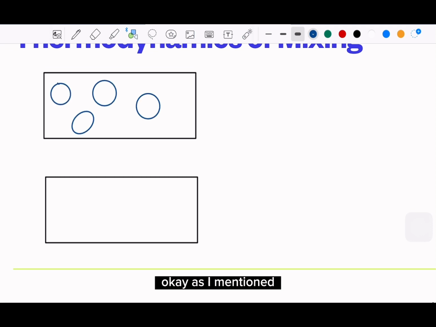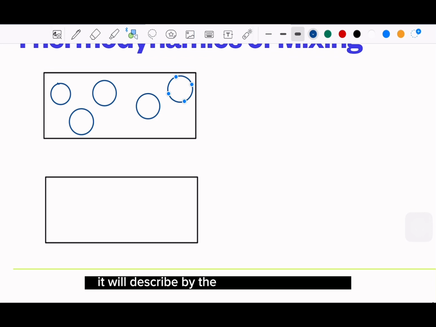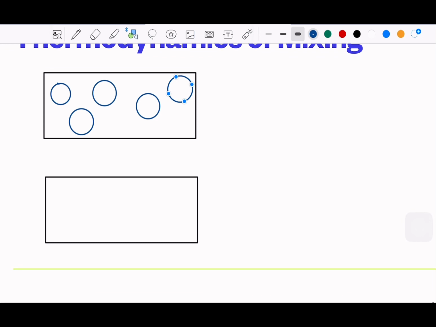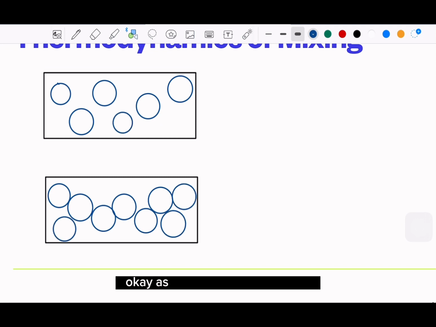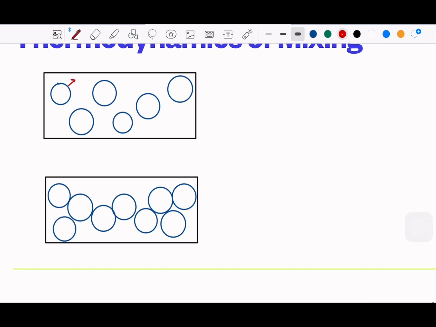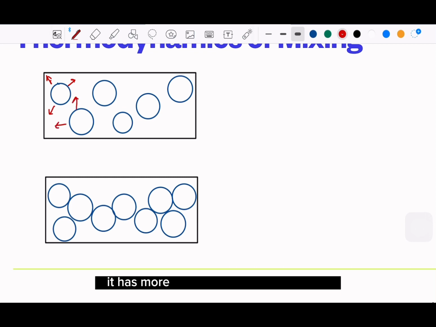Okay, as I mentioned, the microstate will be described by the spatial arrangement. As we can see, the first case has more free space right there, right?